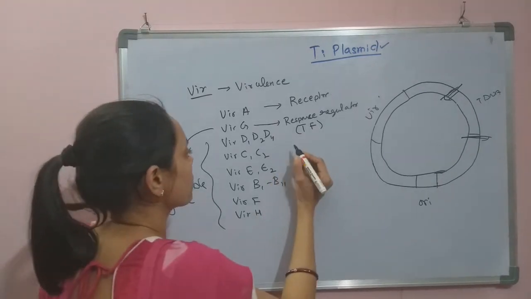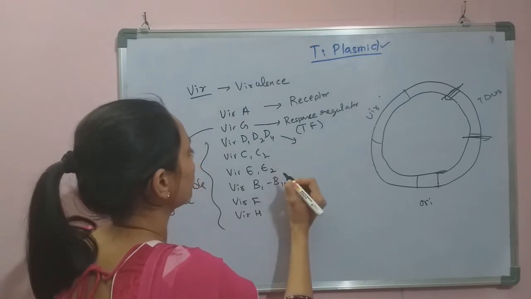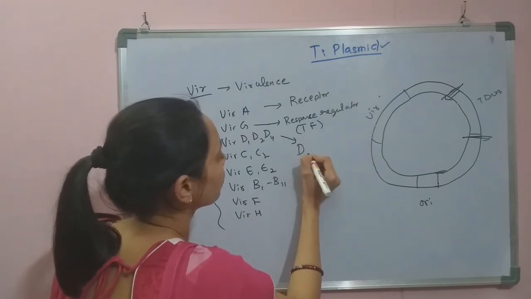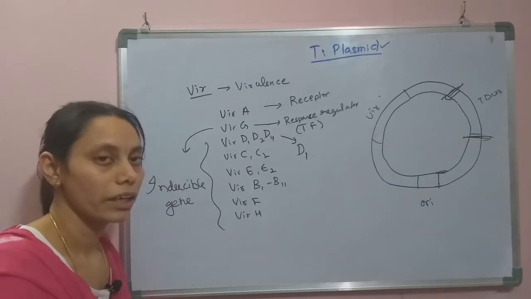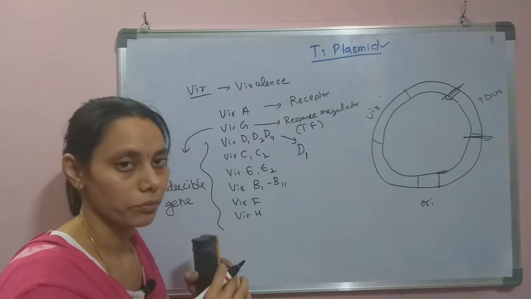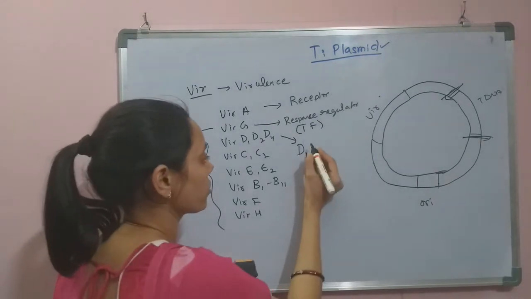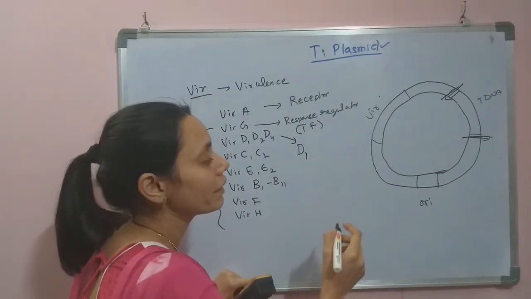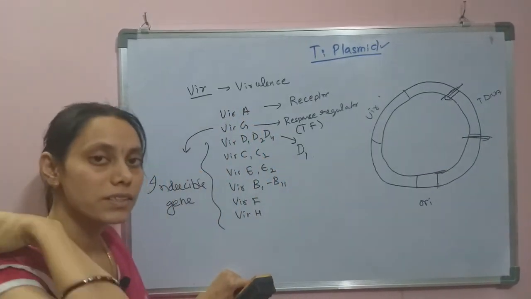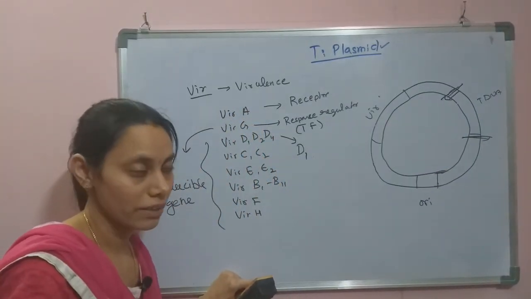So coming to the individual Vir genes, Vir D1. D1 is basically a topoisomerase. It detects the left and right borders. So these left and right borders, as we already discussed, are responsible for the cleavage.